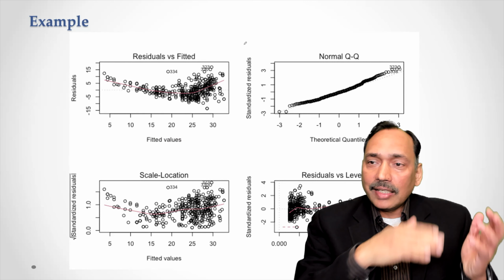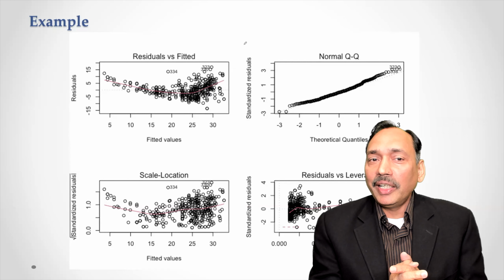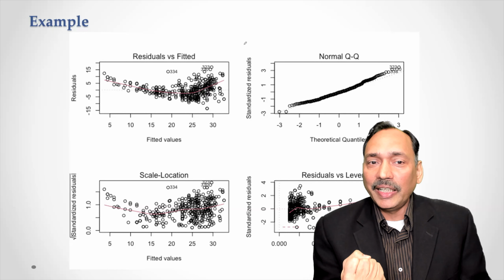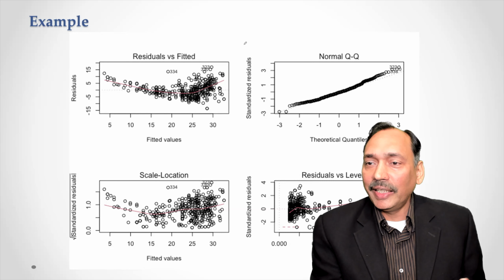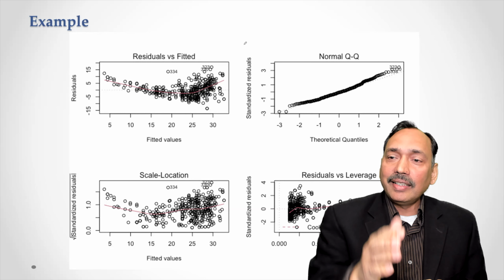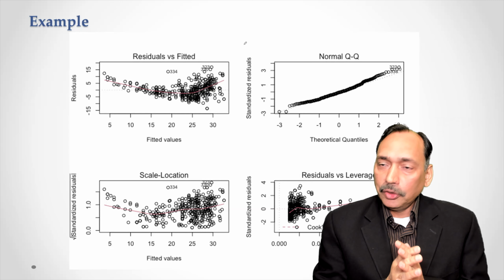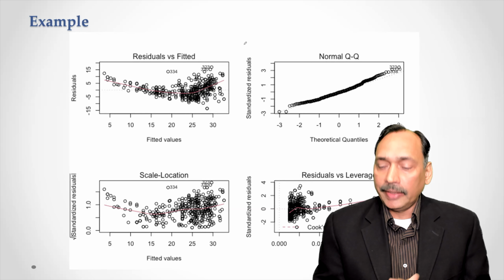If you start seeing patterns in the residual plots, that means there is a possibility that some of the unexplained variability could be explained by doing something to the data. And these patterns basically are hinting that you can improve your model if you are careful and you do something with the data.